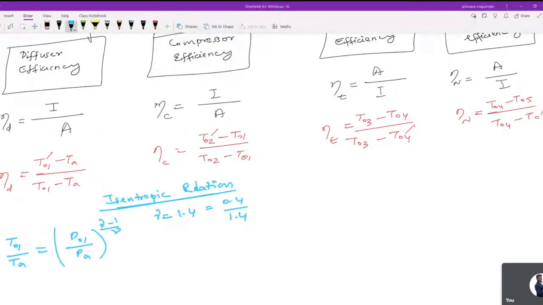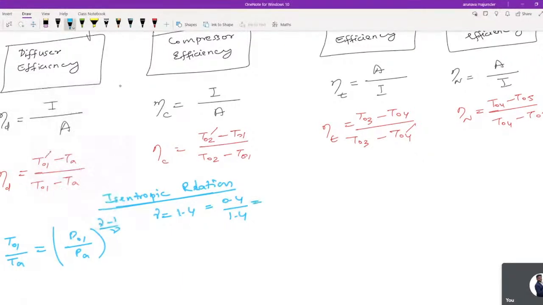If you use a calculator, it will come around 1.4. It's like 0.286, right? So I remember the combination P naught by Pa; if the gamma value is that, it's going to come 0.286.